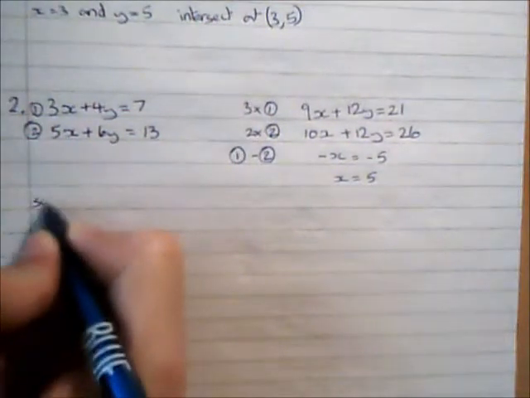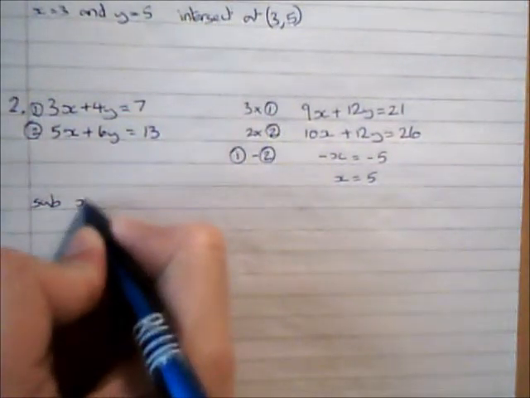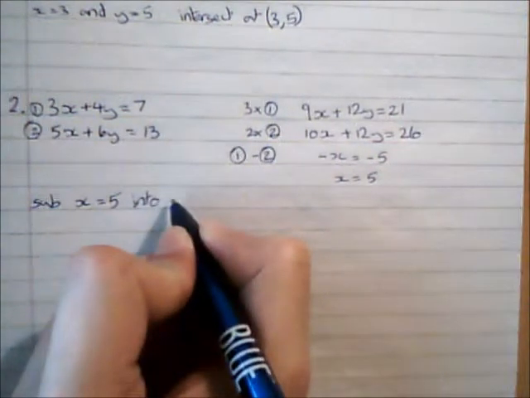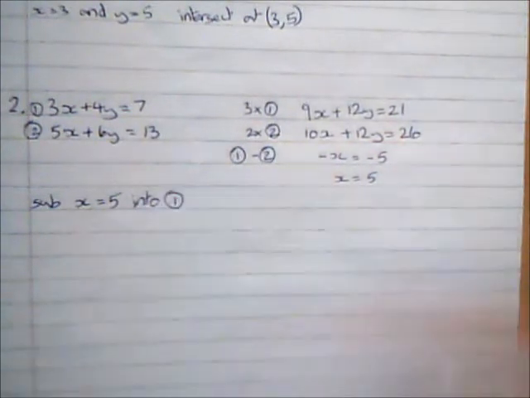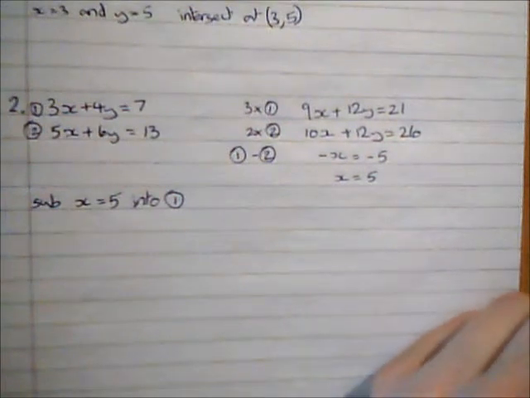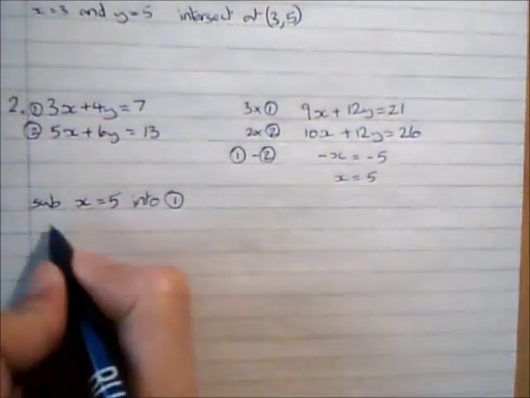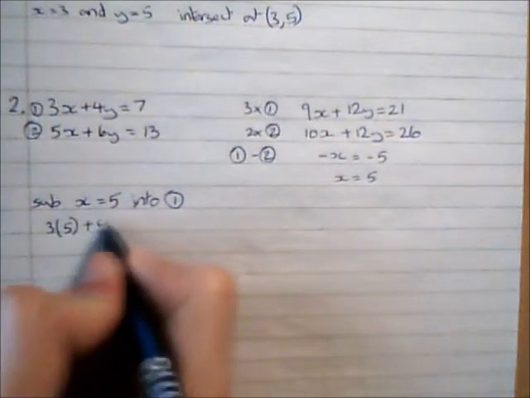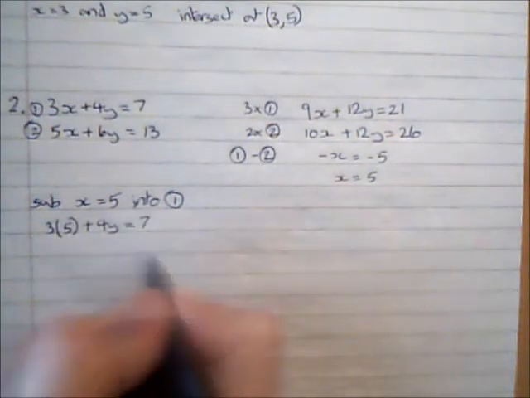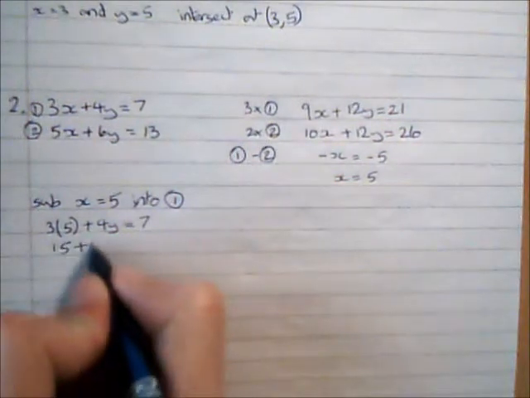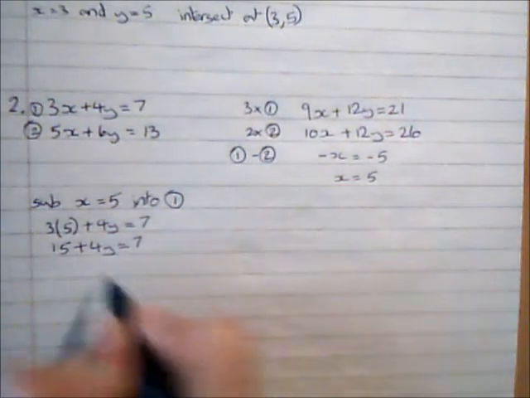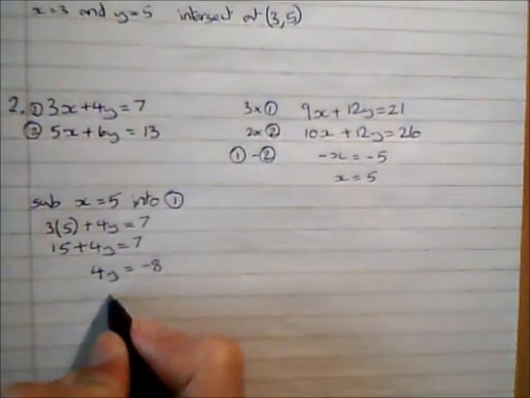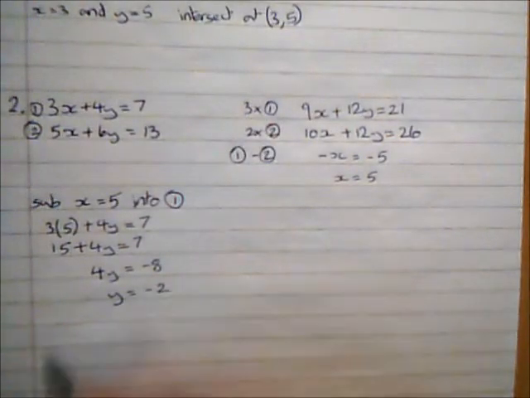And then I'm going to substitute x equals 5 into, and I'm just going to put equation 1 again, although I can use any equation I like. So 3 lots of 5 plus 4y equals 7, 15 plus 4y equals 7, 4y equals negative 8, and y equals negative 2.